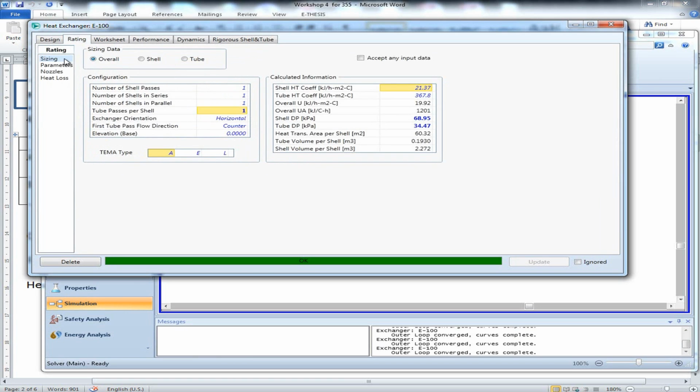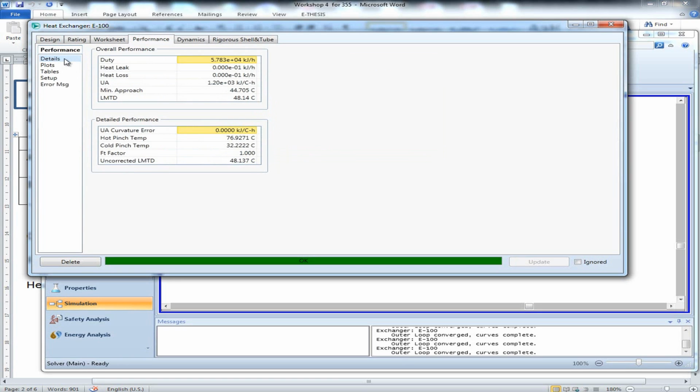In this case, we consider the 1-1 shell and tube heat exchanger, or what we call a counter-current heat exchanger, and it looks green here. So let's check the performance. The performance says that Ft equals 1, so the calculation should be nice.